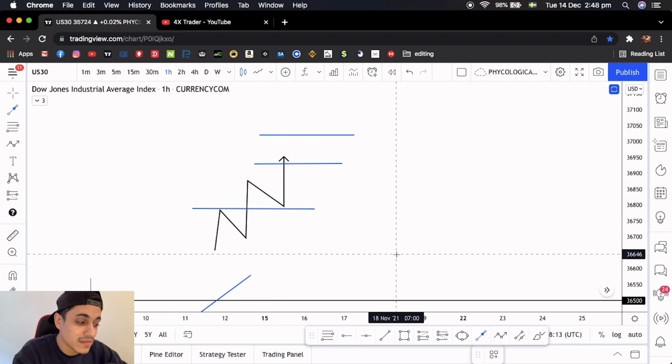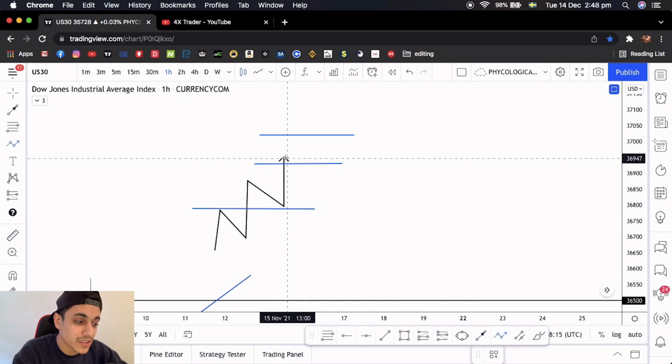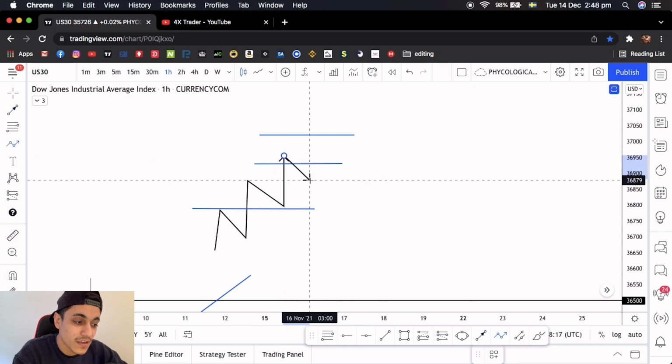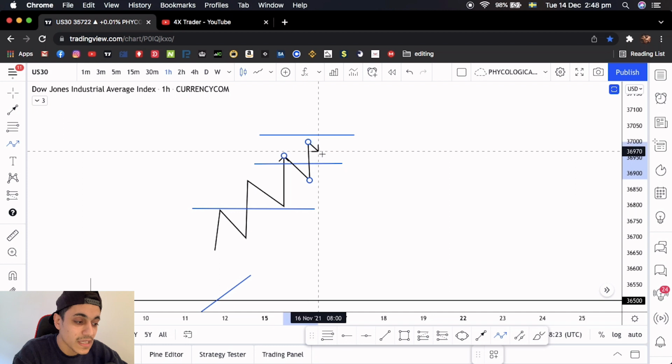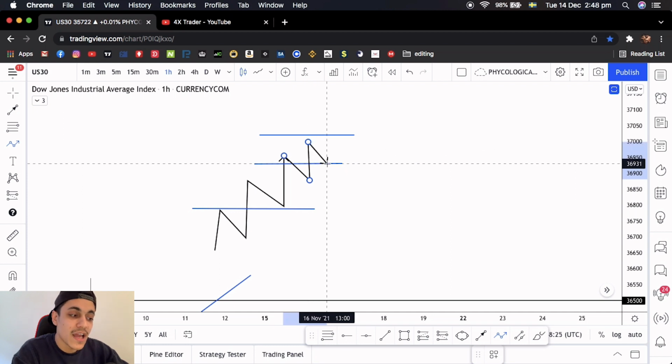You have to wait for the market to come down, make a what? A higher low. And then come up again, come down, higher low. And when the higher low falls above or under a round number, that is my entry. That is my strongest confluence.